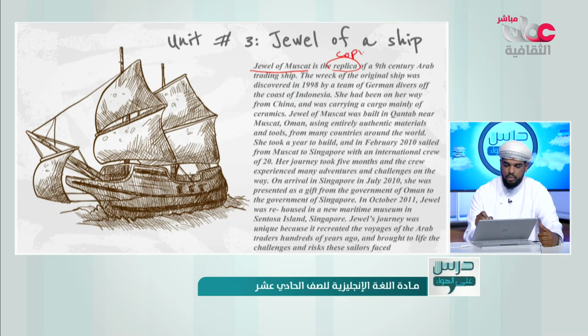It's a copy of the original. The wreck of the original ship was discovered in 1998 by a team of German divers off the coast of Indonesia. They found the wreck there, the broken pieces.